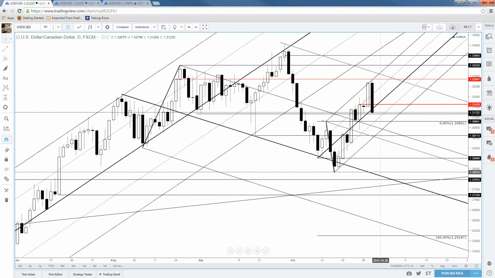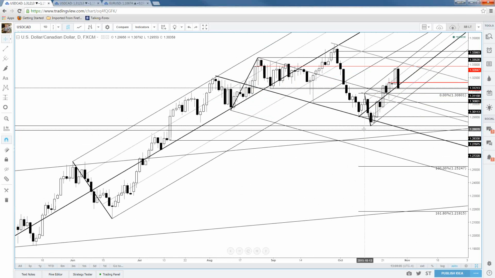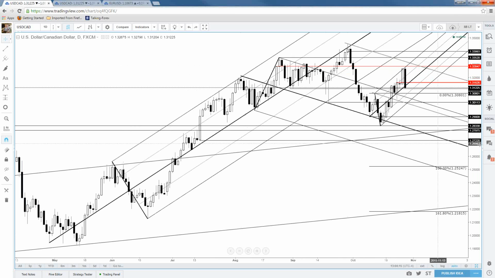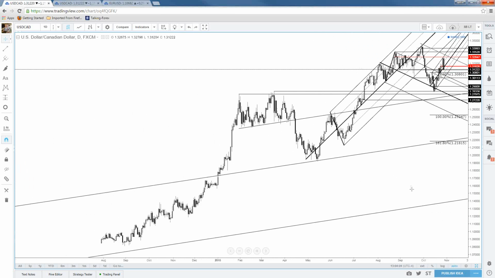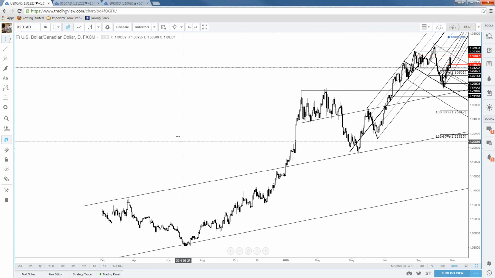You've got the month open at 1.3315, and you've got slope up in that region as well. The combination comes in on Friday. Friday high, always favorable to sell into a Friday high if you're looking for the end of a counter trend move. But if that doesn't happen, we'll just have to wait and see.